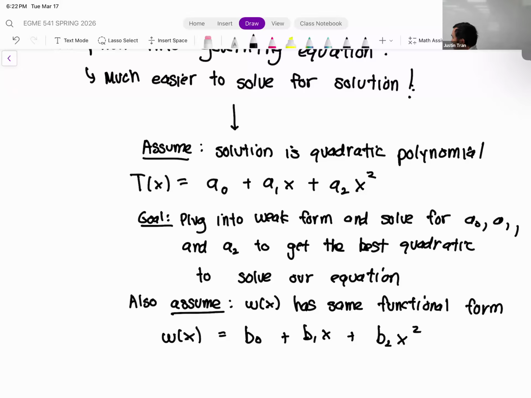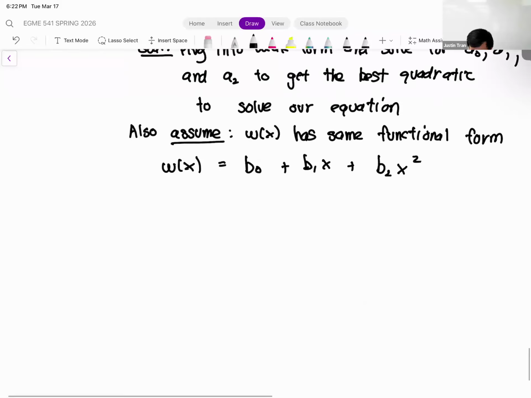Again, we have another set of unknown coefficients, b0, b1, b2. But you're going to see that the values of those coefficients actually don't matter. They're just going to be there to help facilitate our solution. We actually don't really care what those are because we only really care about our solution. All right, so let's go ahead and work on an example.